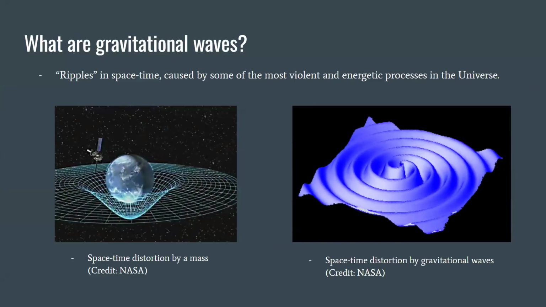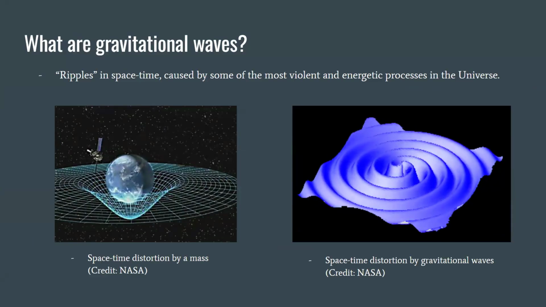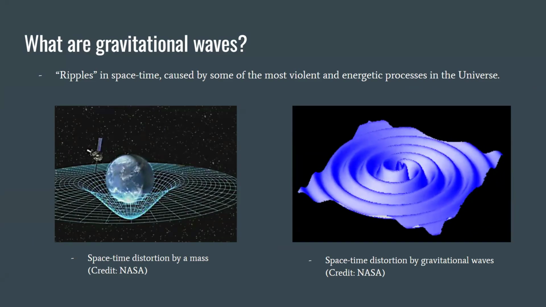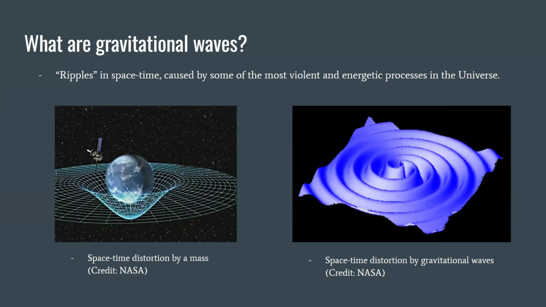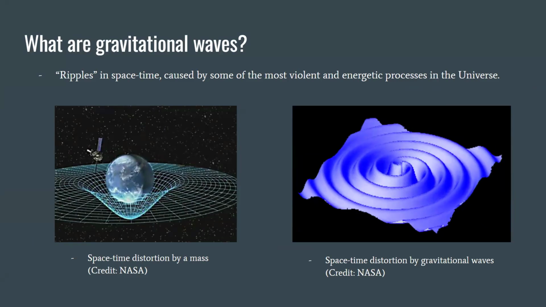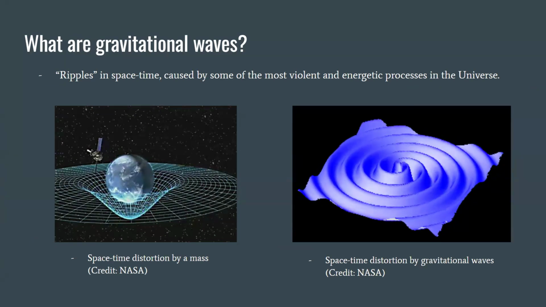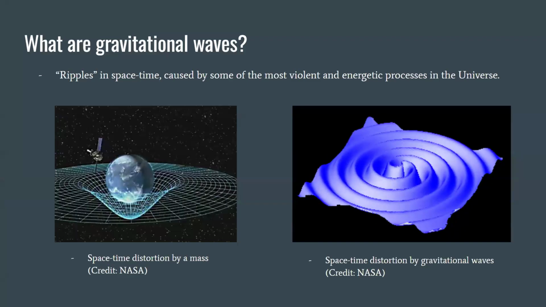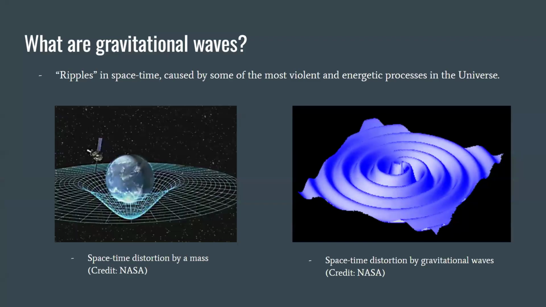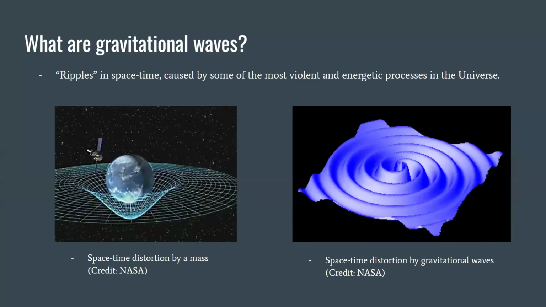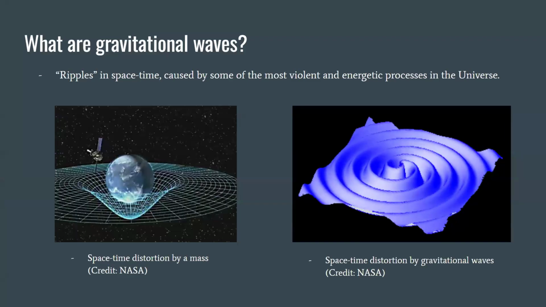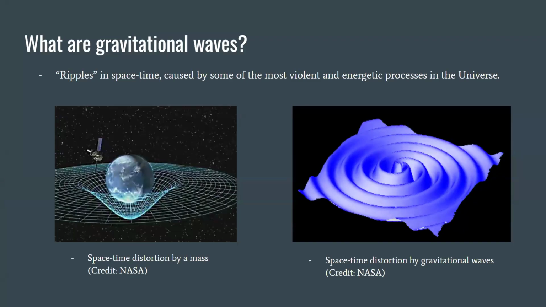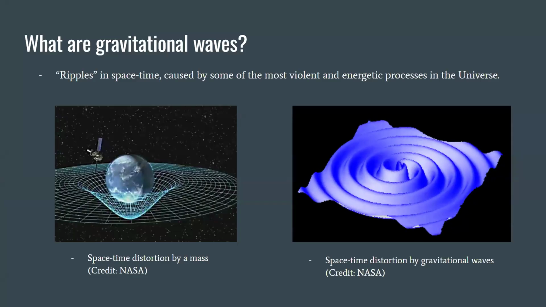Gravitational waves, let's think of them first as a fabric sheet. Imagine that space-time is a stretchy sheet, and you put a massive ball in it. The ball will fall down and bring the fabric with it, just like in the first picture. This is what happens in real life. The theory of general relativity by Albert Einstein predicts this behavior, and it says that concentrations of mass energy can and will deform space-time like this.